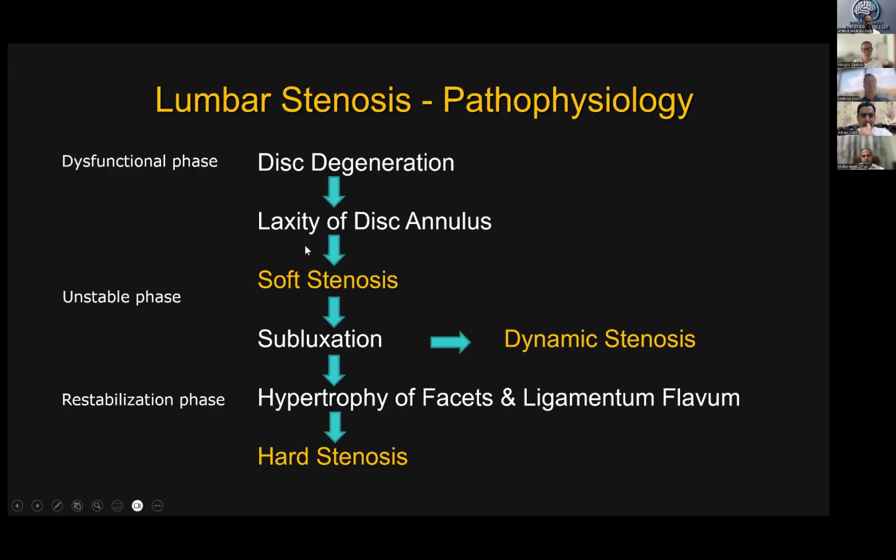In lumbar spinal stenosis, in the dysfunctional phase, there is a soft stenosis. Then in the unstable phase, a dynamic stenosis. Then in the stabilization phase, there is a hard stenosis with hypertrophy of facets and ligamentum flavum.